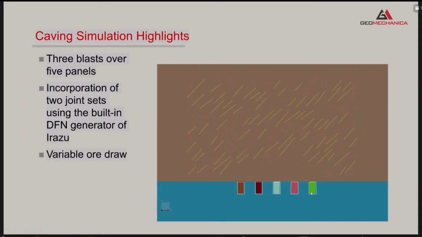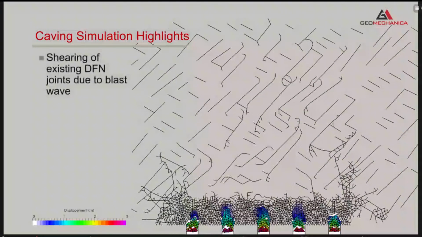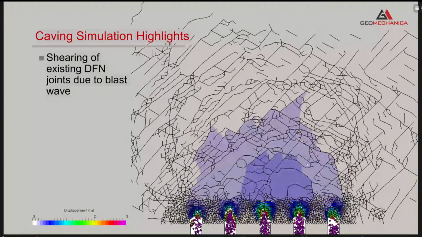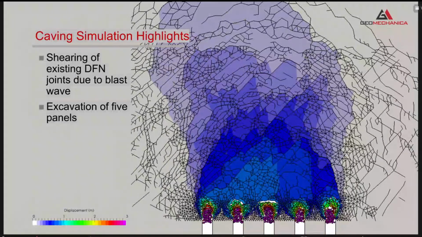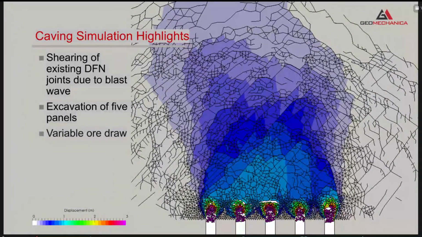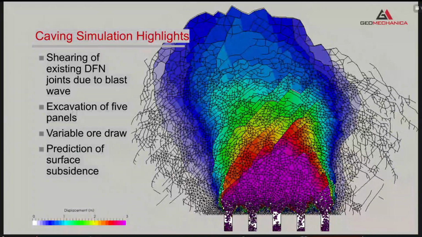So it's very easy for us to just toggle them on or off, say, draw this much material from this time to this time. So as we started the simulation, initially, because of the stress wave or the blast wave, the discrete fracture networks or the joint sets sheared, and there was a little bit more fracturing around the panels.